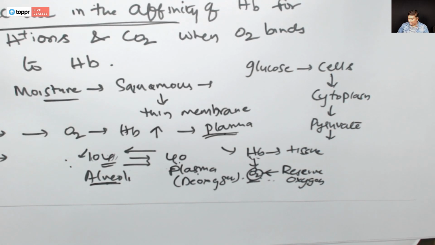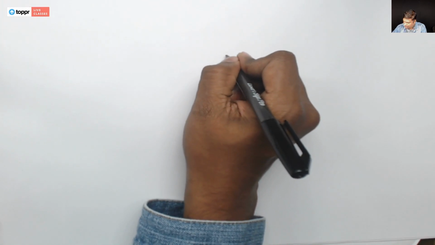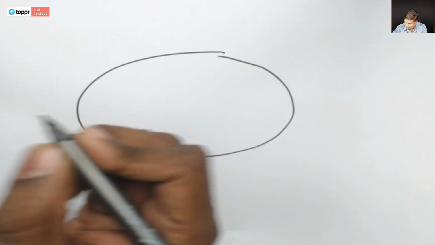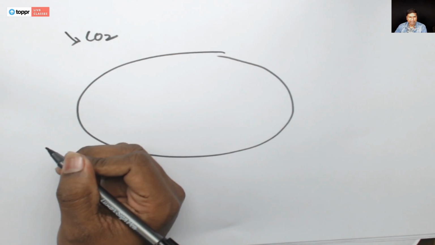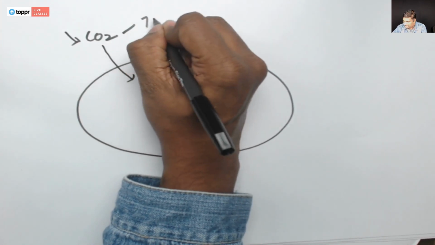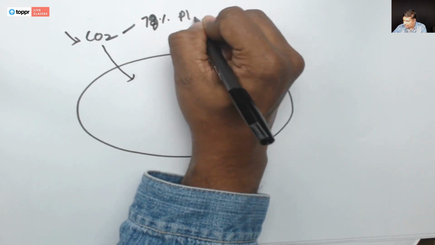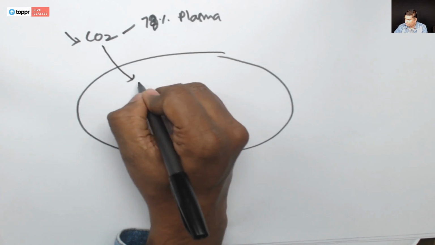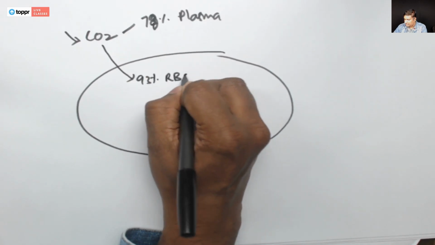So someone asked about the chloride shift again. Okay, let me explain the chloride shift again. So basically this is what happens. You have your RBC. The cells are releasing carbon dioxide, right? Of this carbon dioxide, 7% remains in the plasma, and 93% enters the RBC.